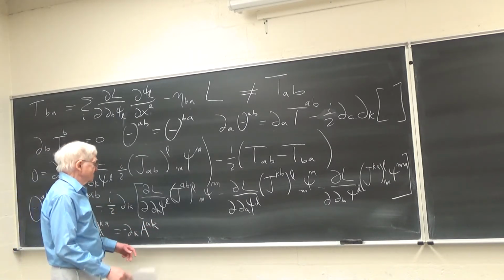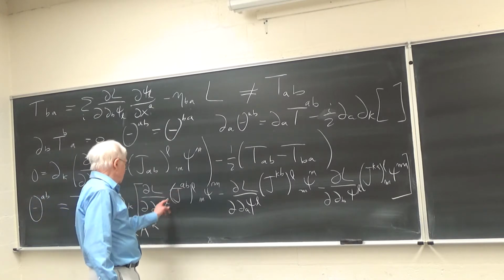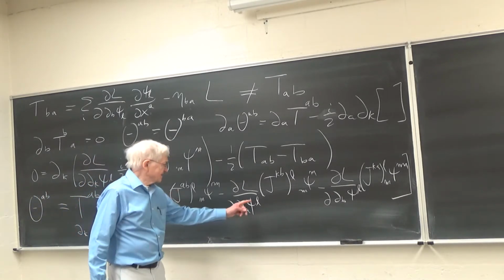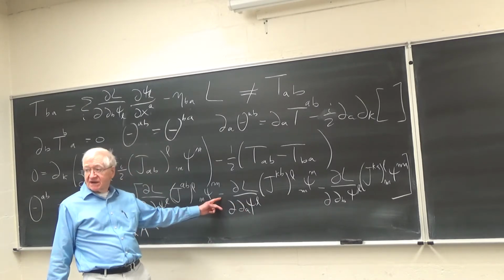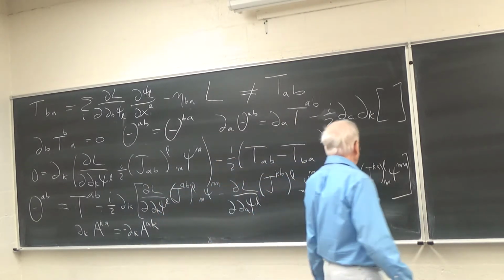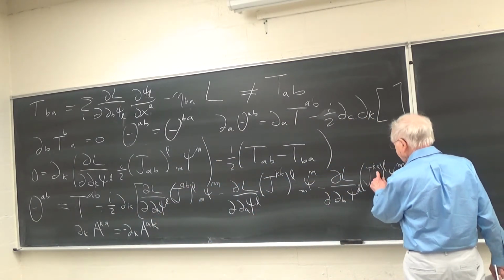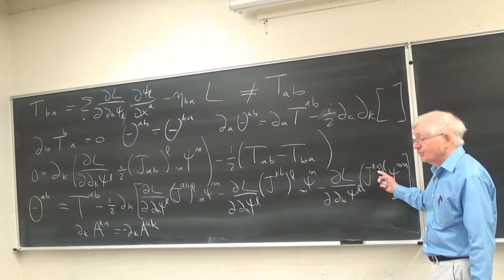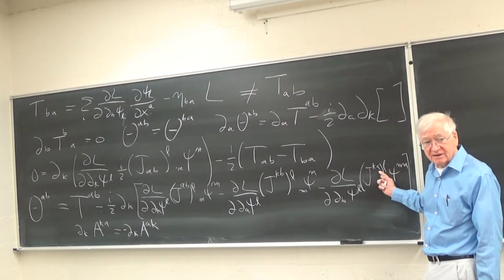Now, why is it anti-symmetric? Well, if you interchange A and K, you get the second term, but there's a minus sign. You go over here, and you interchange A and K, and you've got the generators of the Lorentz group, but they're anti-symmetric.